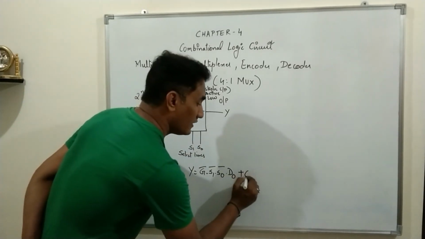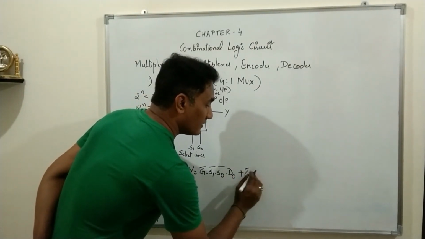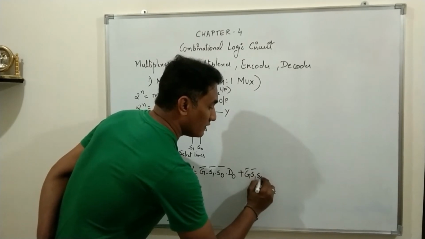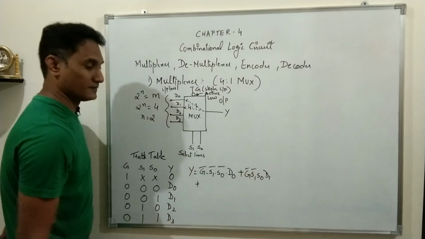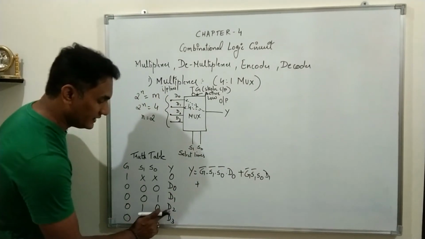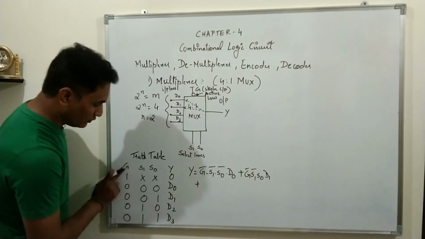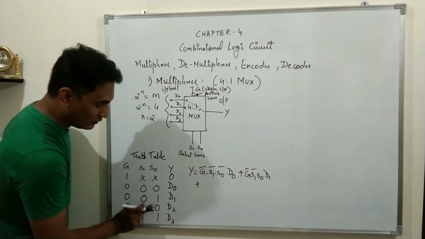So it will be G bar S1 bar S0 D1 plus, next D2: 0 1 0, G is 0, S1 is 1, S0 is 0.